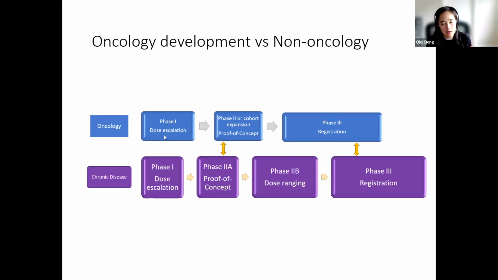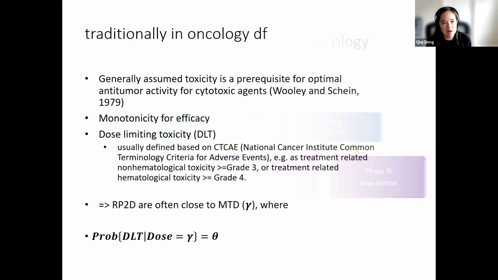For oncology drugs, most of the dose selection happens in phase 1. At least that was the history. However, nowadays it's starting to change. When we talk about the phase 1 study, the difference is that oncology treatments were usually very toxic in the old days, like the first generation of chemotherapy.